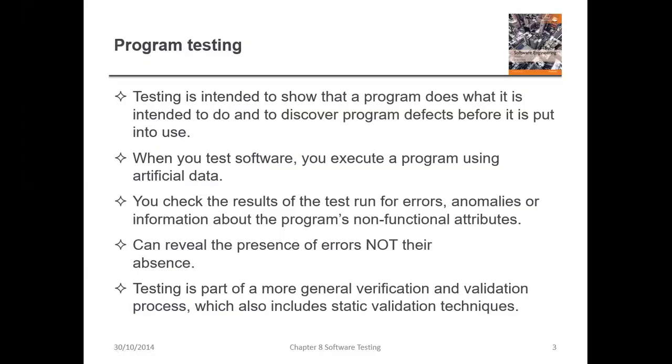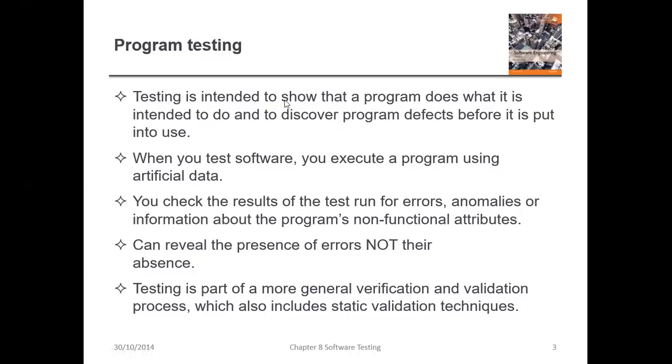Now, when you want to test a system, first let me explain the reason we test a system. Testing is intended to show that a program does what it's intended to do and to discover program defects before it is put into use.